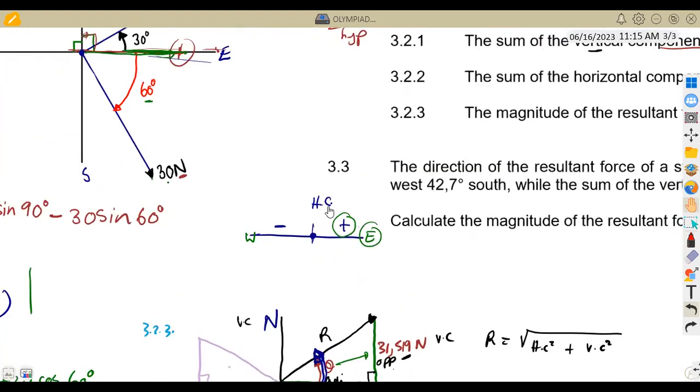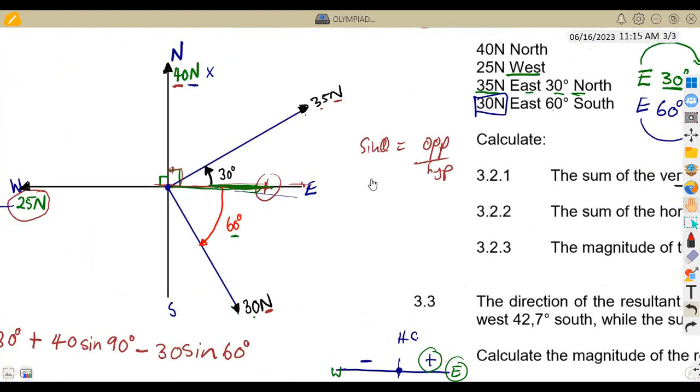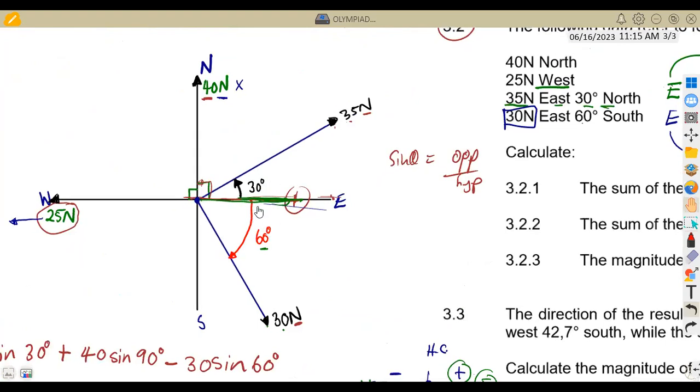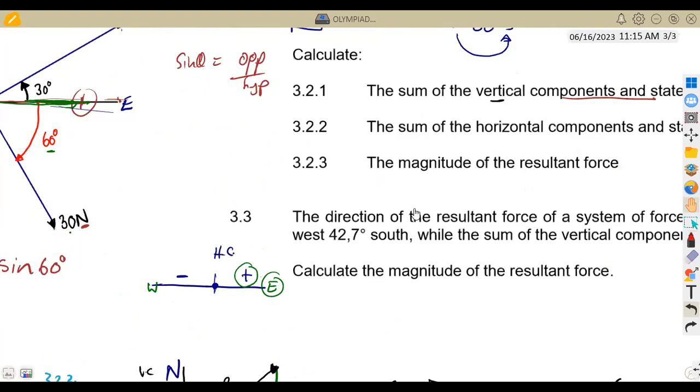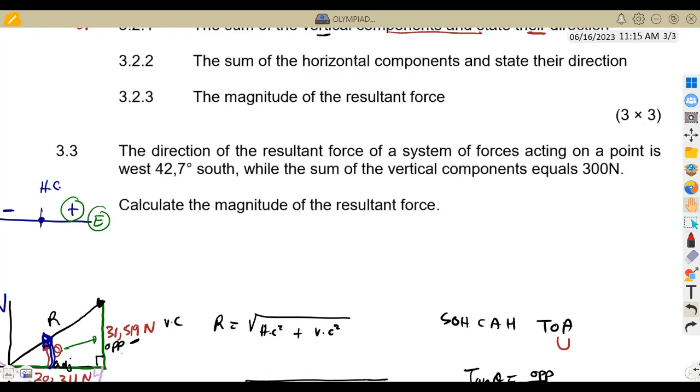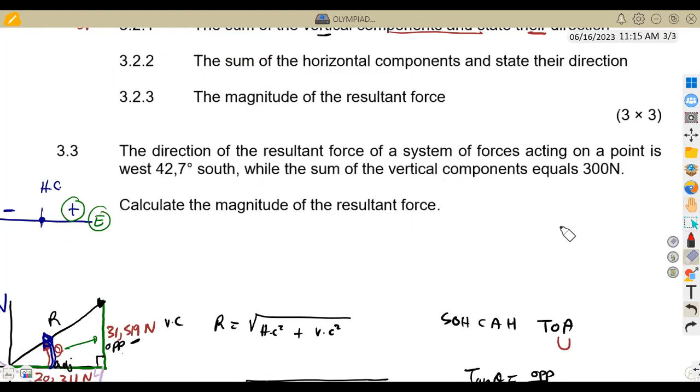All right, so that is what we had on this question, the first part of the given forces. Then we move on to question 3.3, which is again on forces, but what exactly are we given?